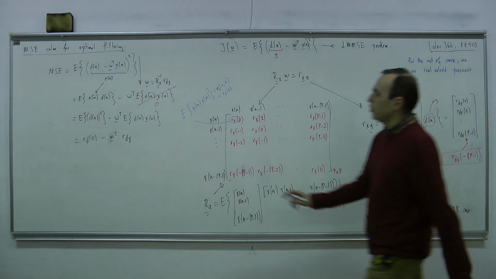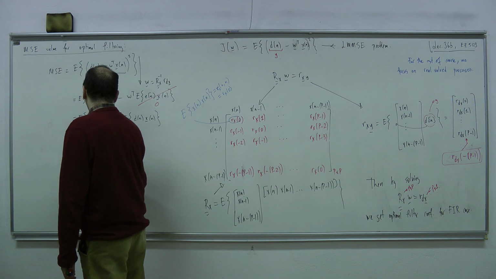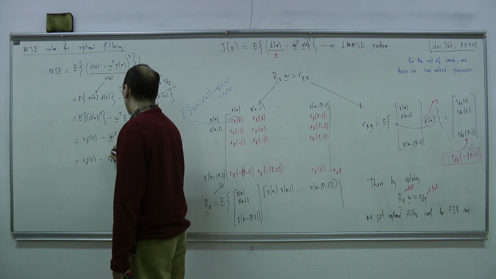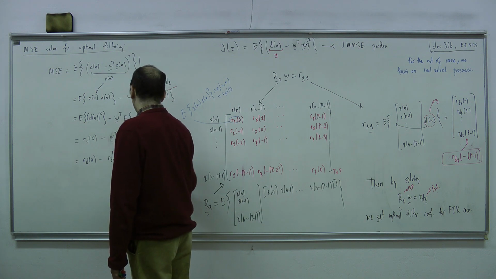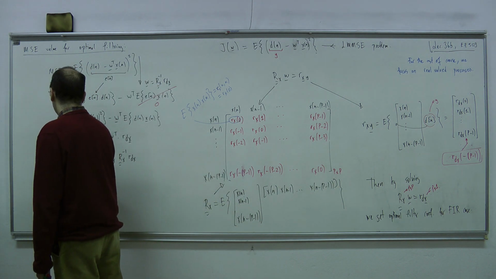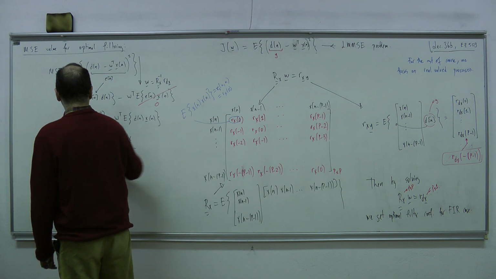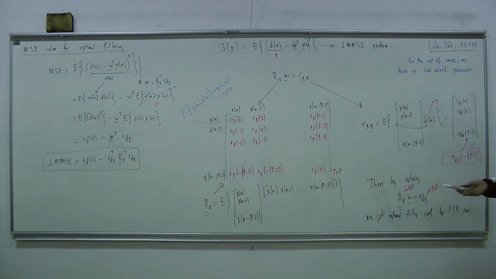If I write this from this one, this is Rd(0) minus Rdx transpose Rx inverse Rdx. So this is the linear minimum mean square error for this. That is the end.